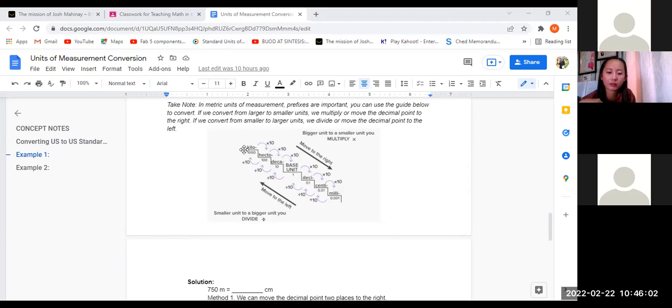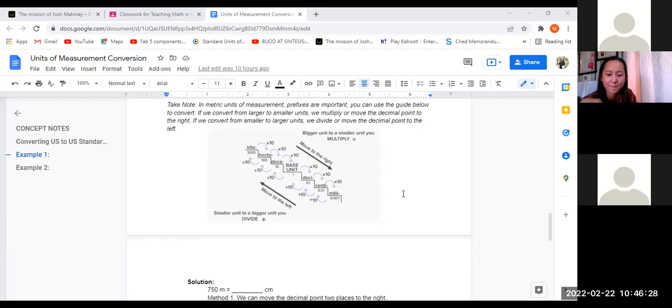In metric unit. Anyone? Okay, meter is the basic unit for distance. How about in volume? Volume of liquids. Liters po.